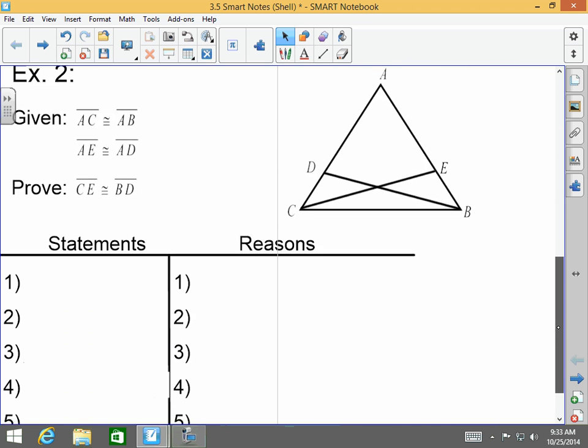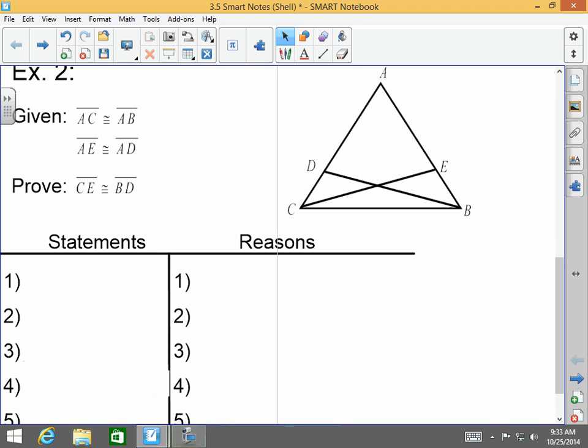Example 2. Again, we've got quite a few triangles here actually, if you think about it. And we have that AC is congruent to AB. Again, we get into a little bit of a problem. When you label AC to AB, are you really talking about AC and AB, or are you talking about AD and AE?